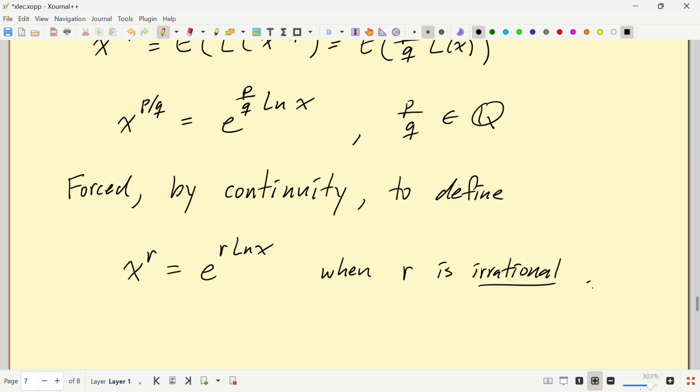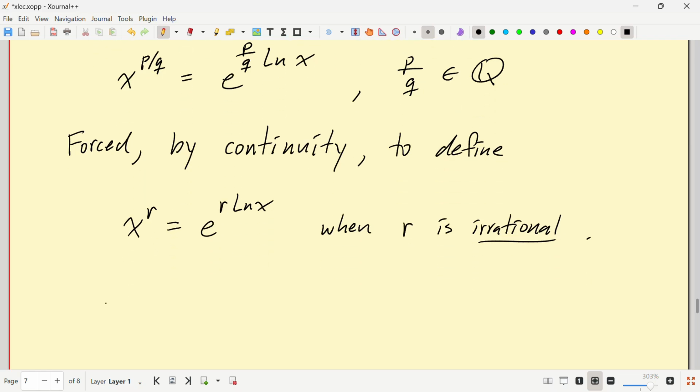And so, in fact, pi to the square root of 2 is equal to e to the square root of 2 log pi. And you can compute that using all the formulas I've been spitting out lately: Taylor series, and that log of pi would be the area under a graph that you could calculate as much as you want to.